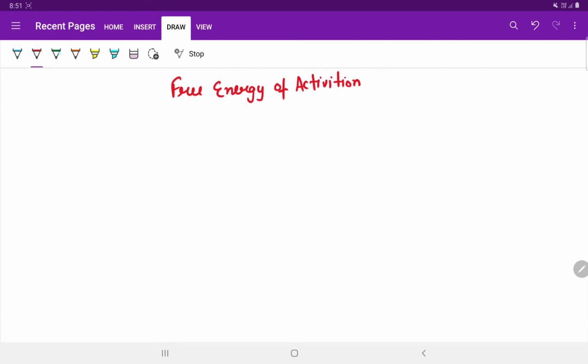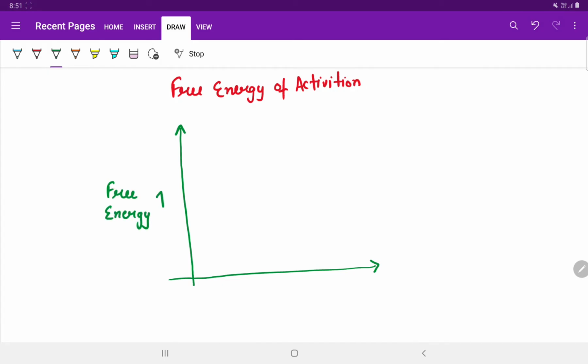So to understand this, let us plot a graph between free energy and progress of reaction.